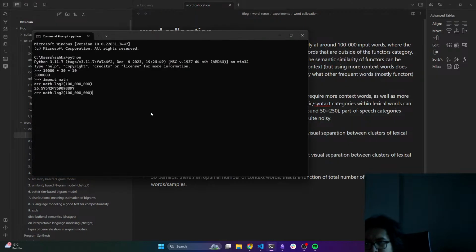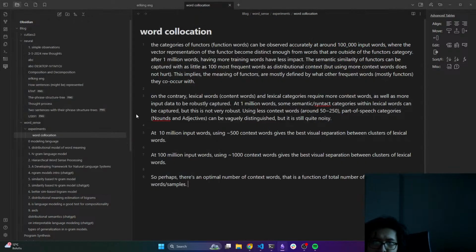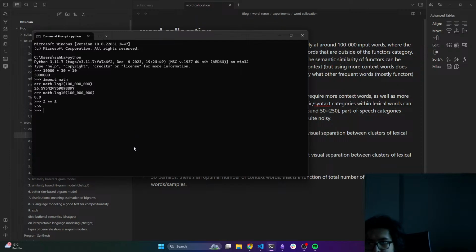No, base 10. That gives 8. So what's 2 to the power of 8? 256. Let's say 8 plus 2, 2 to the power of math.log10 plus 2.